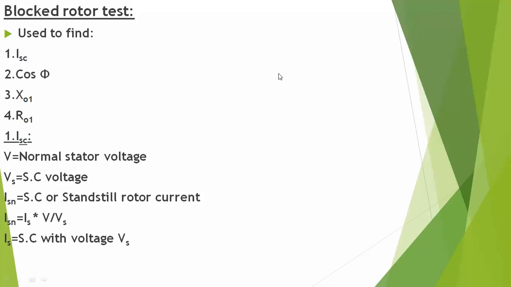Okay, so now one by one we will find out all 4 values. First one is the short circuit current. The relation between short circuit current and voltage is a straight line.